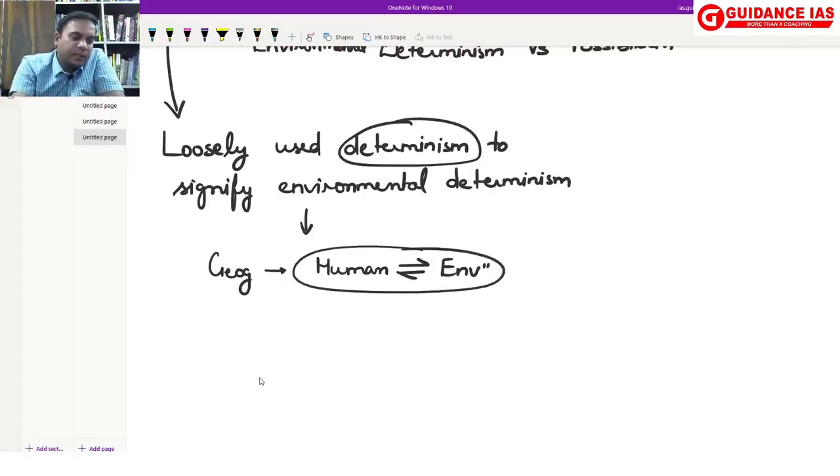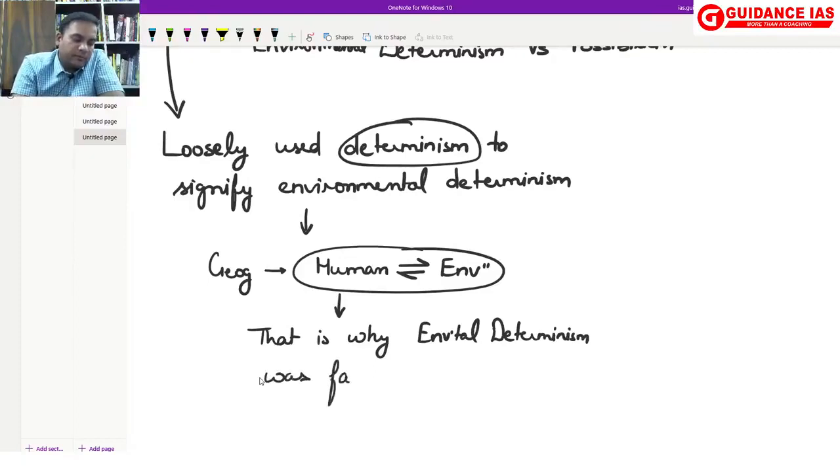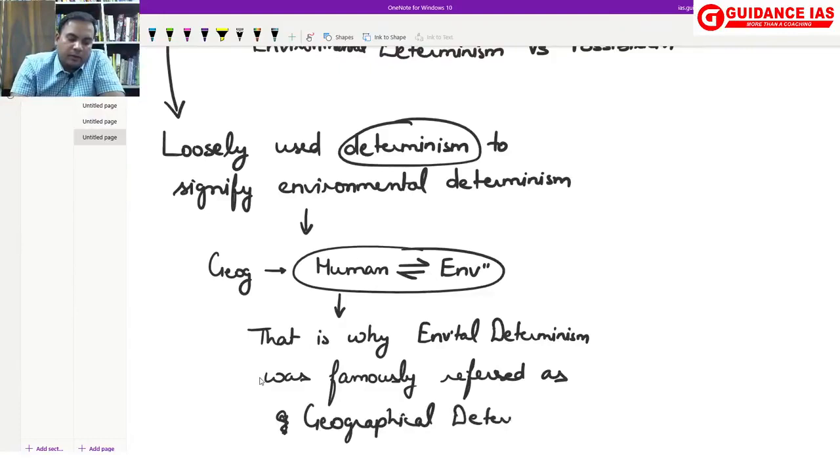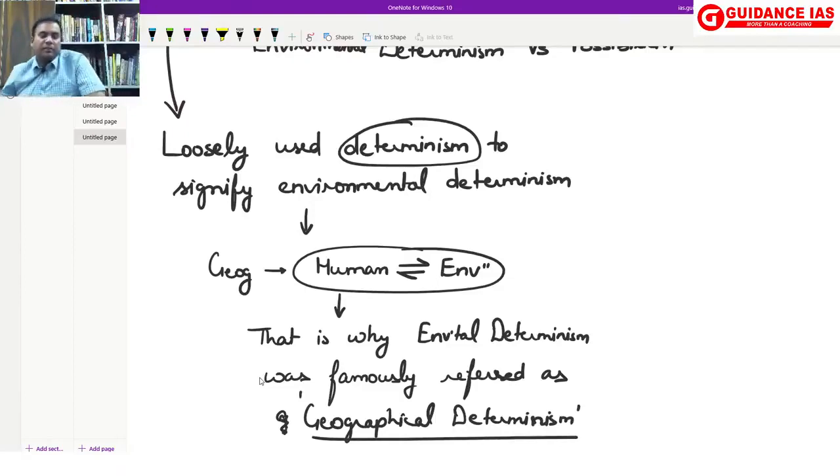That is why environmental determinism was famously referred to as geographical determinism.